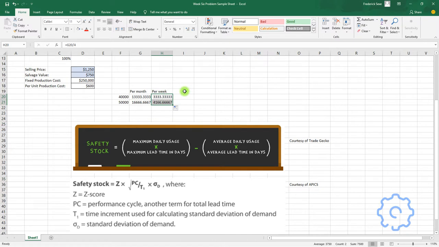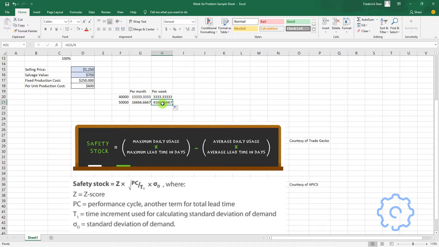So now we have the average weekly usage. Now, in these problems, we assume a constant demand. So the average weekly usage would basically be the same for each week, okay?